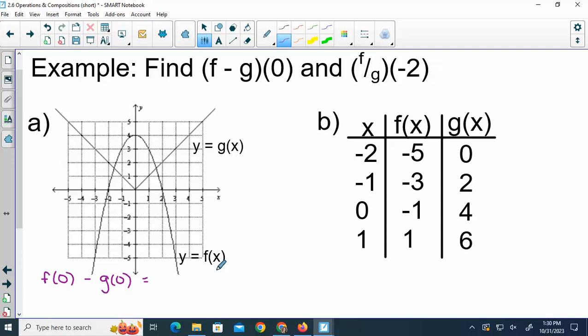Find when x is equal to 0. Function f, that's the upside down parabola, so that's this point right here. Tell me the y value there. 4 minus g of 0. So when x is 0, the y value of g is 0. And 4 minus 0 is 4.